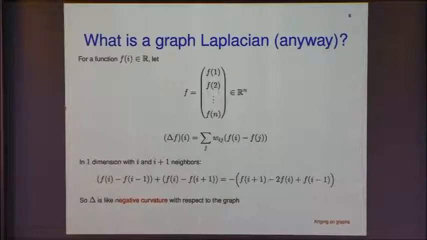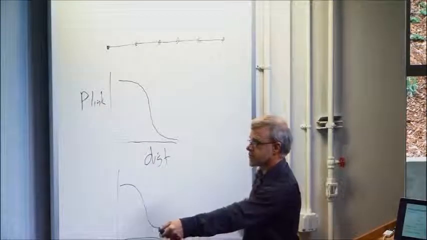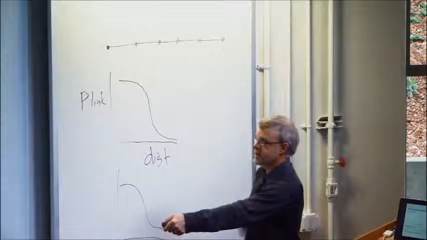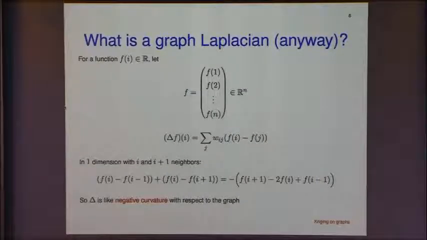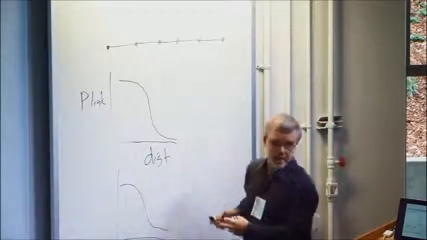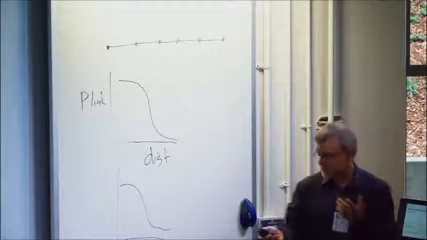If you imagine the simplest graph, if your graph would look like this, just connected dots, then the graph Laplacian would turn out to just be minus a curvature at observation i. And if your graph would be a grid, it would just be like a sample Laplacian. So there's a real reason why they called it Laplacian.